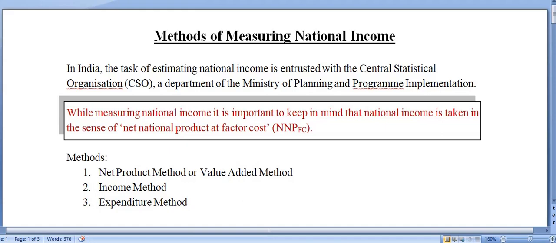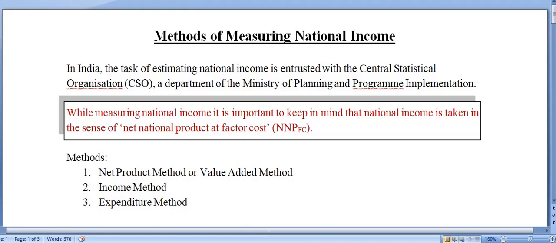So now it is time to understand the measurement of national income. Measuring national income will help us to understand the economic growth of a particular country, how much economic development has been made, in terms of numbers, that is in quantified data.